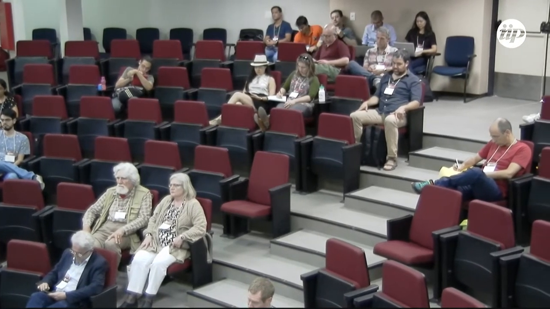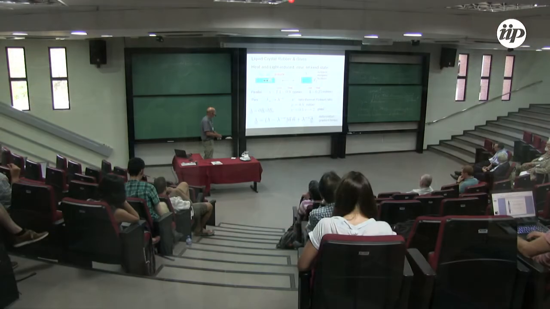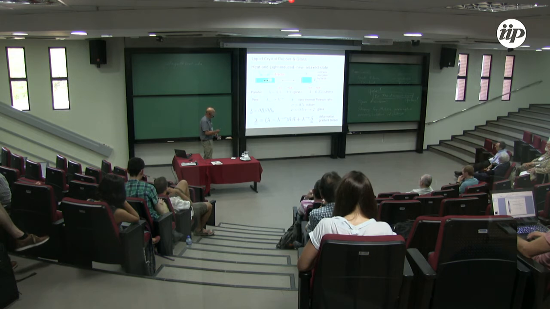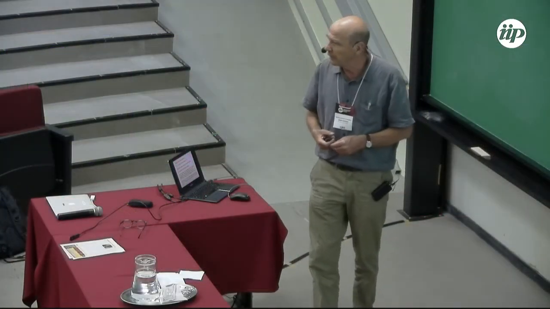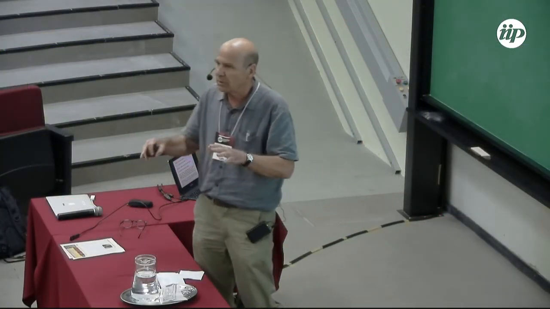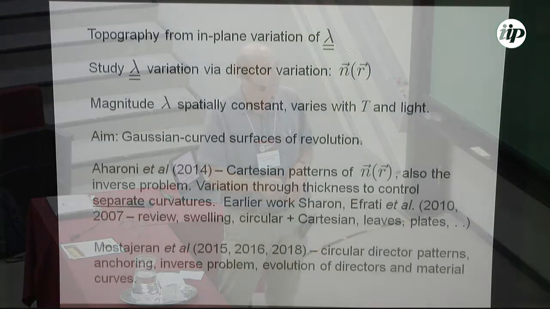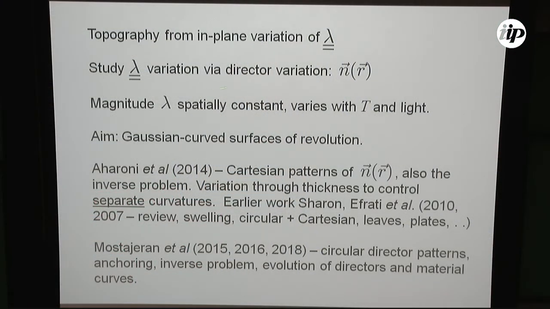And the bottom line was a deformation gradient tensor, which is here, and it encodes the magnitudes, by how much it extends or contracts, and the direction, the director along which this contraction will take place. So this is the sort of master deformation gradient, and we want to get topography by looking at a variation of the spontaneous deformation lambda in specific directions, and we'll do it via a spatial variation of the director.